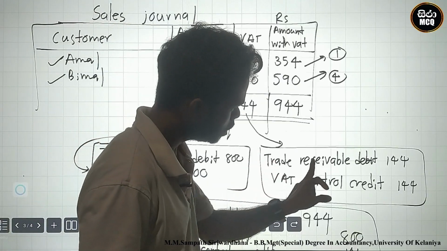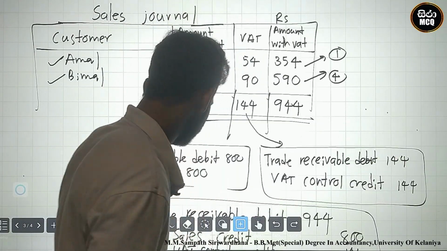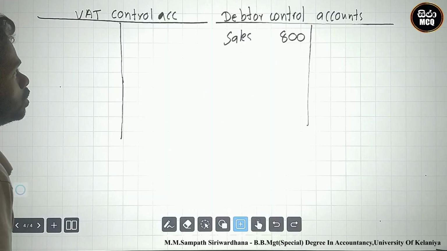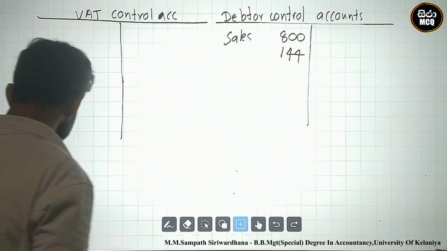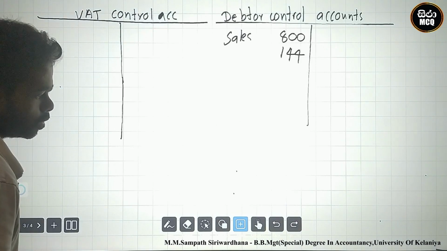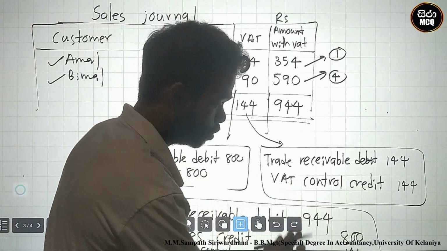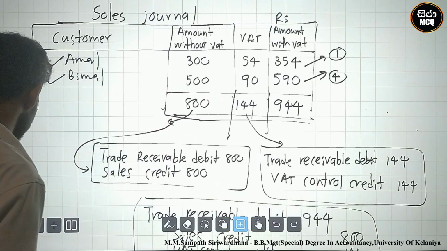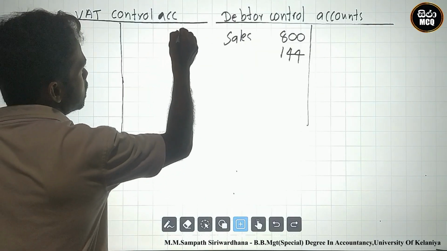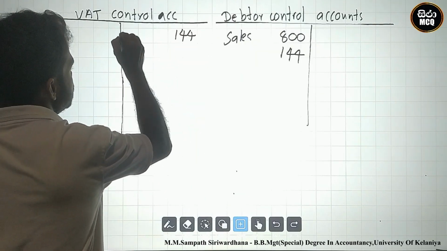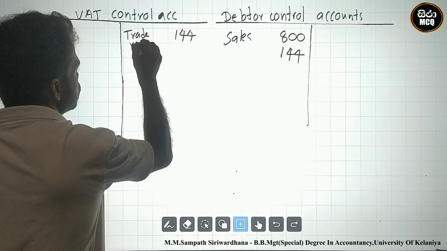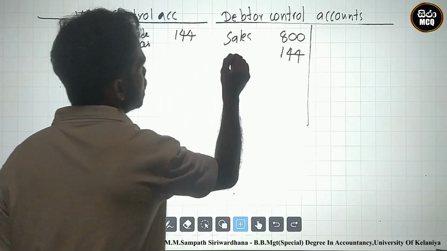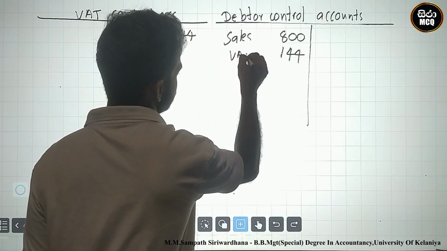This one, trade receivable debit again 144, and credit to the VAT control account, VAT control credit 144. We write trade receivable in the debtor account, and this time VAT control.